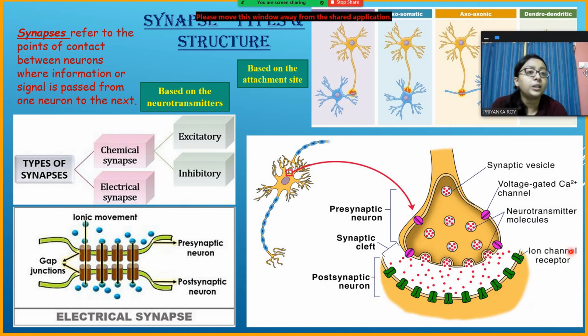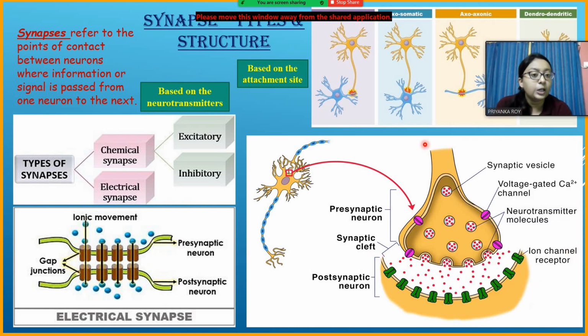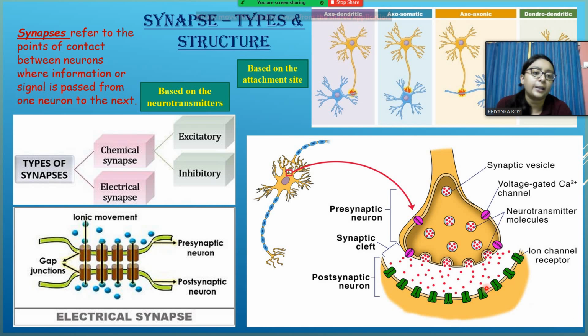Neurotransmitters are very important in the case of chemical synapses. This is an example of a chemical synapse. As you can see, this is the axon terminal or the synaptic knob of the presynaptic neuron, and this is the postsynaptic membrane. This part is known as the synaptic cleft, that is the gap between two neurons.